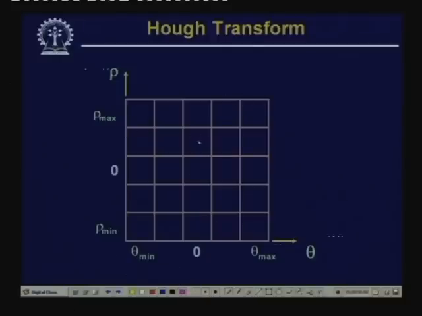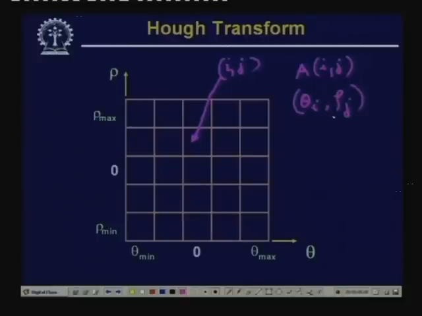So, here again any ijth accumulator cell, this ijth accumulator cell, which will have an accumulator value of say aij, corresponds to our parameters theta i and row j.